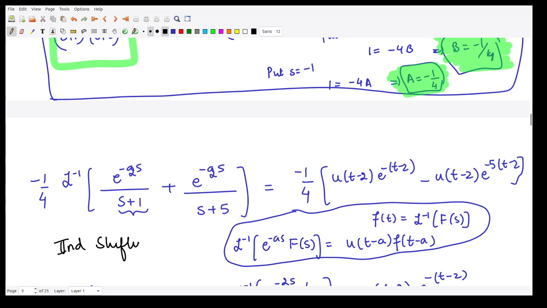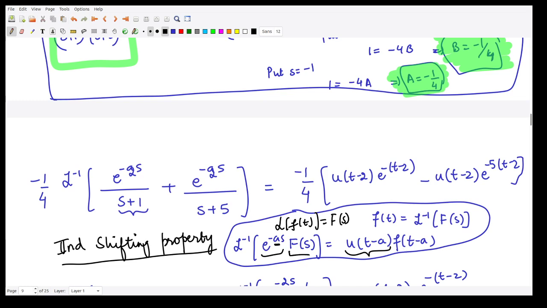It says that whenever you have the function f of t and you define the Laplace transform of this function f of t as capital F of s, then the inverse Laplace transform of e to the power minus as times F of s is equal to the unit step function displaced by a units, whatever is the coefficient of s in this term, times the inverse Laplace transform of this function again shifted by a units to the right. So this is according to the second shifting property.